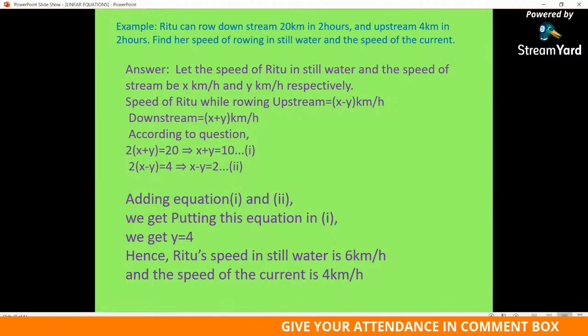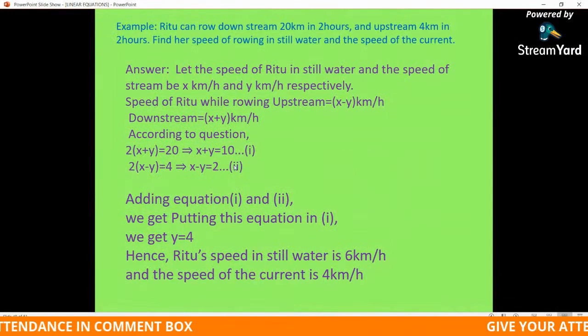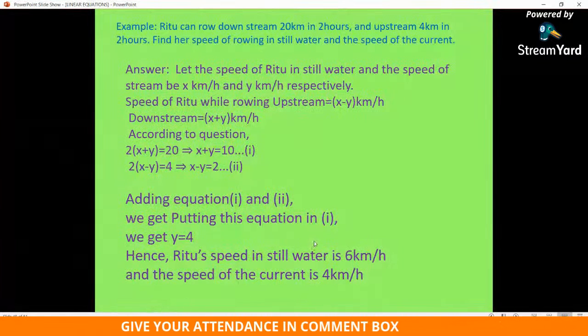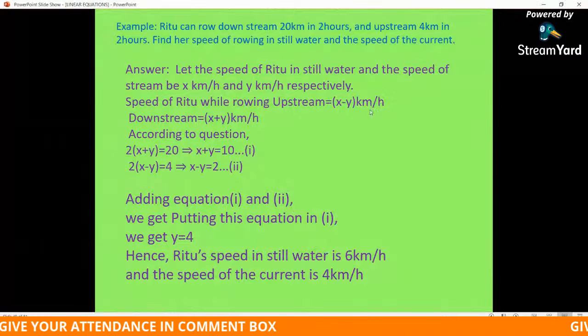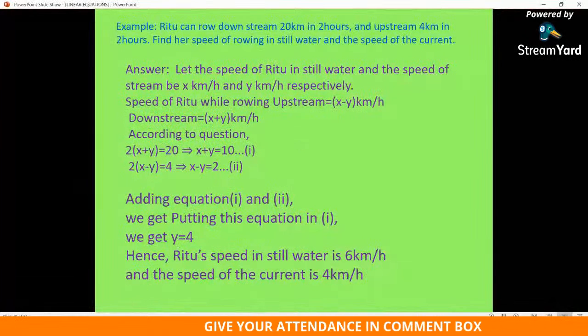And next one is the speed of the current. Speed of the current means the flowing water.